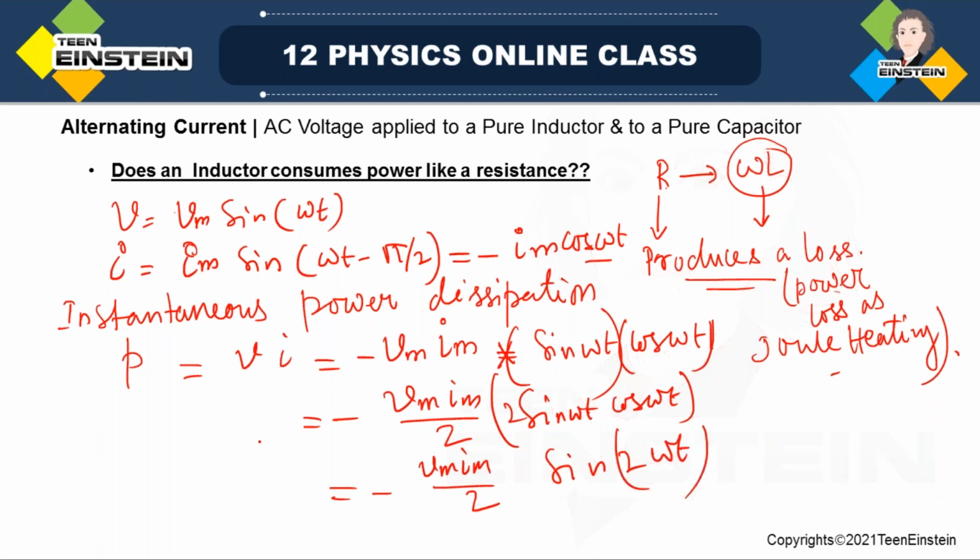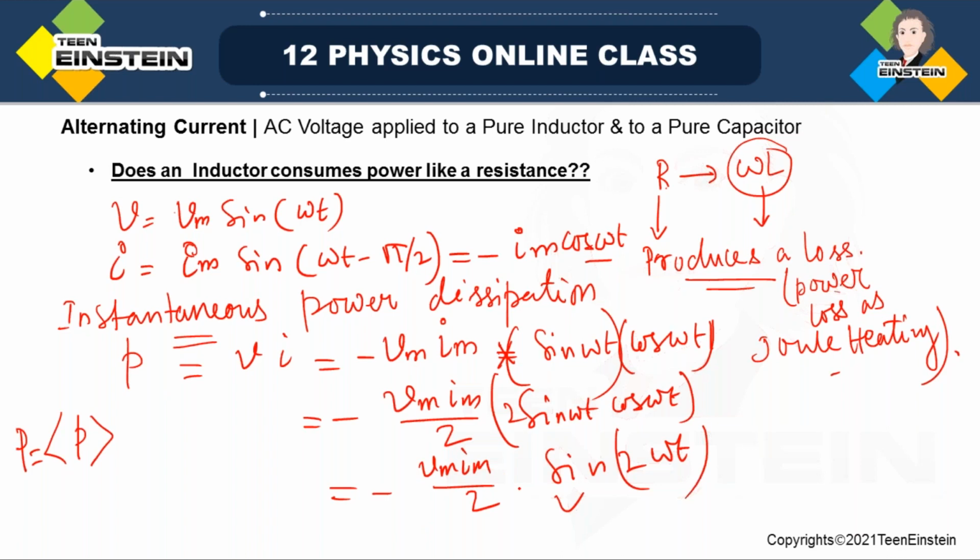Now if you take the average of this power to get the average power over a full cycle. This is the instantaneous power, which means at any instant you get this kind of power.